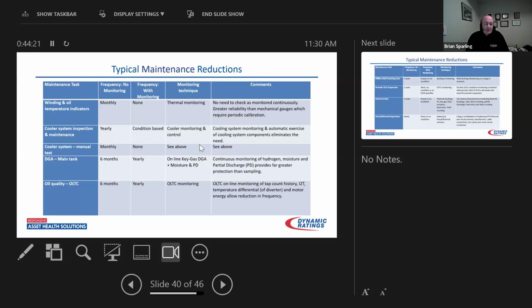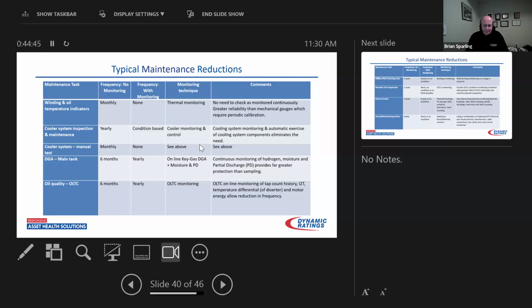DGA could be 6-month frequency, could be 12 months. Minimum recommended is annually. So the monitoring technique is an online key gas, 1 or 2 gas plus moisture, on the transformer. It provides continuous monitoring of hydrogen, moisture, and partial discharge. In other words, looking at the gases produced by partial discharge.